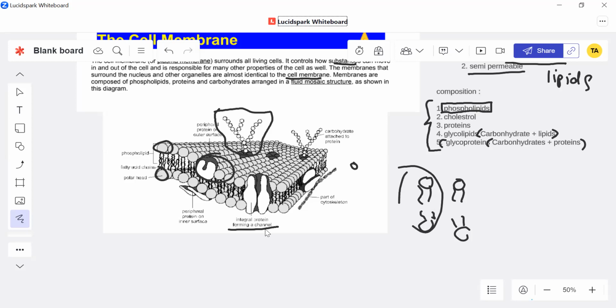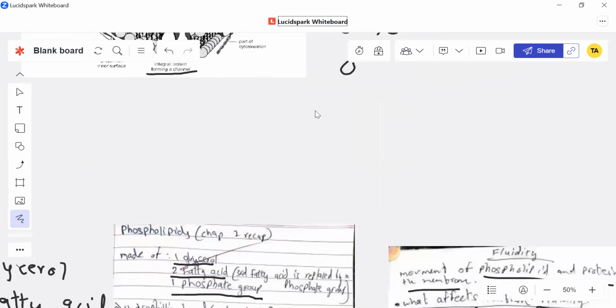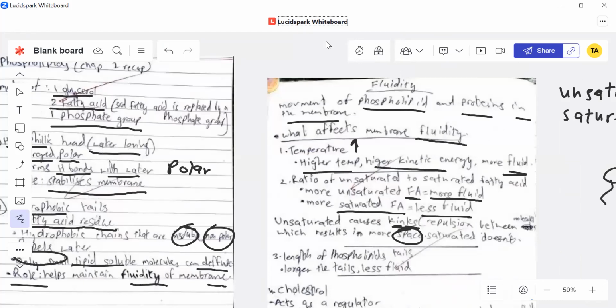This is one phospholipid, this is another, and there would be more space between these two if I have a greater number of unsaturated fatty acids. So unsaturated fatty acid causes kinks. Kinks mean that there is repulsion between phospholipid molecules, which will result in more space between the phospholipids, and this will increase fluidity.